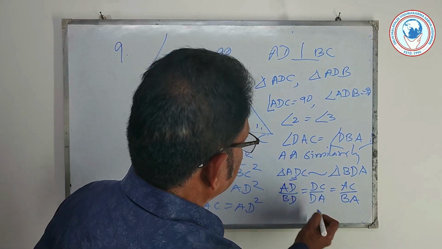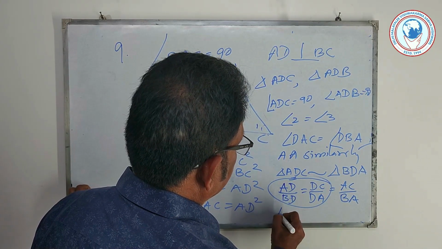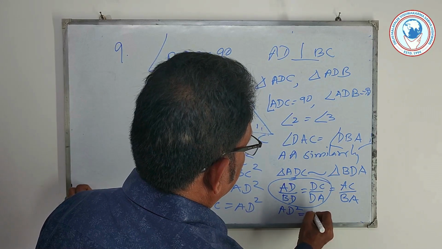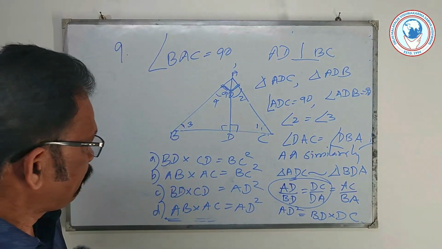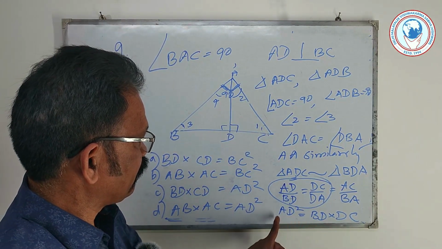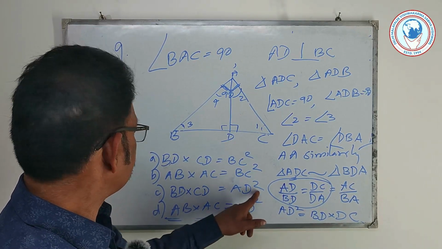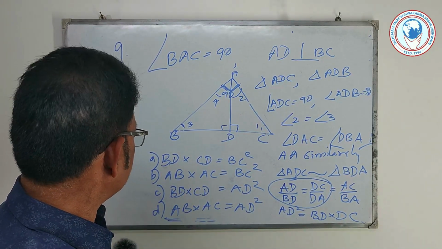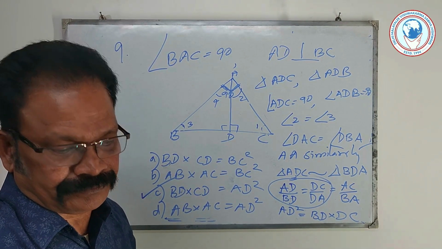So cross multiplying these two, AD into DA, that is AD square, is equal to BD into DC. AD square is equal to BD into DC or CD. So option C is the correct one.